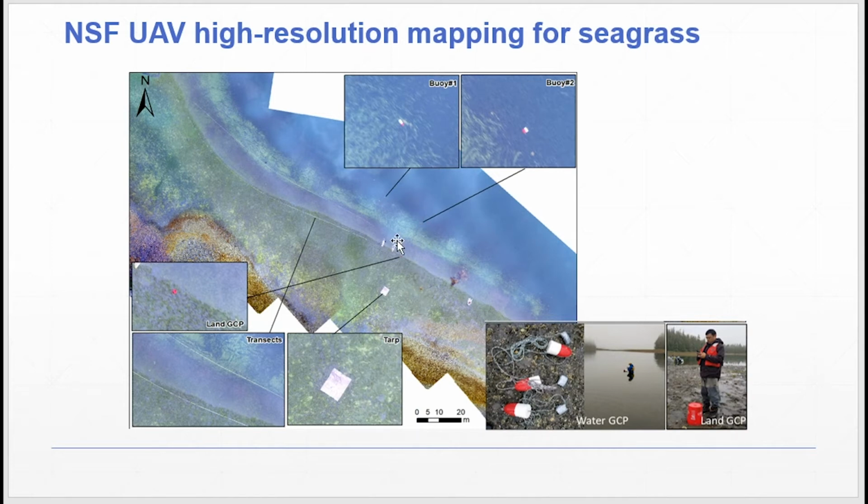Those targets also increase some of the variability in the image, so the image can be well registered over this area. And we also use a high performance GPS to collect ground control points to increase the location accuracy.